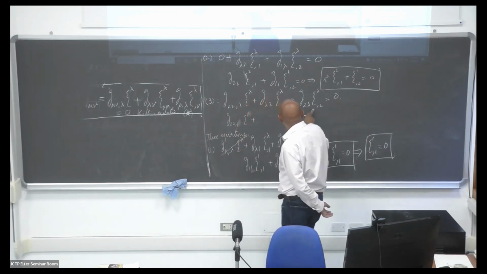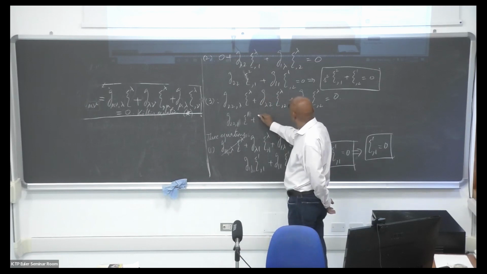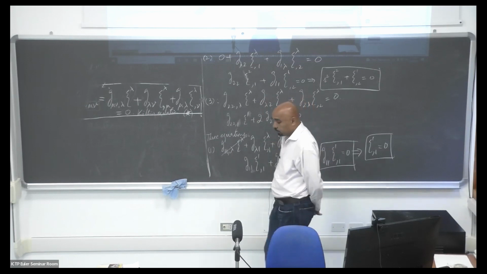So we can write 2 times G22 xi 2 comma 2 equal to 0.